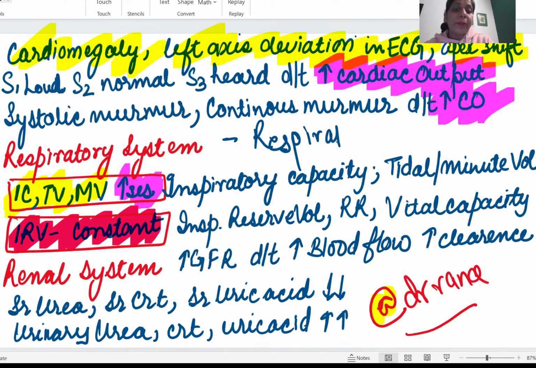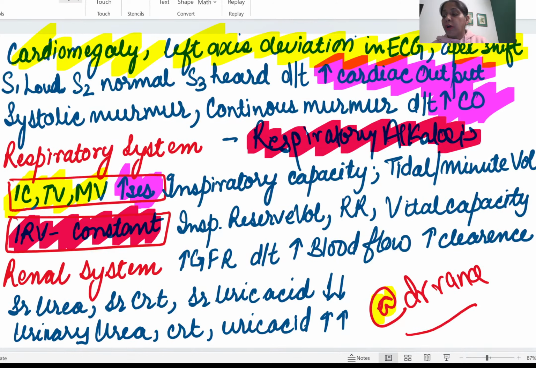So progesterone has stimulated the respiratory centers such that there is increased carbon dioxide washout, and it leads to respiratory alkalosis, because carbon dioxide will be washed out.